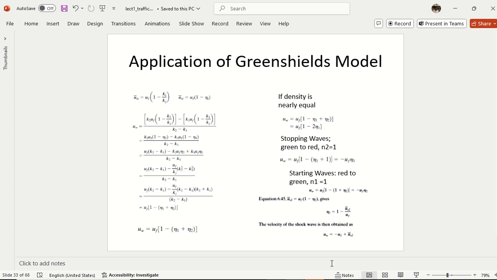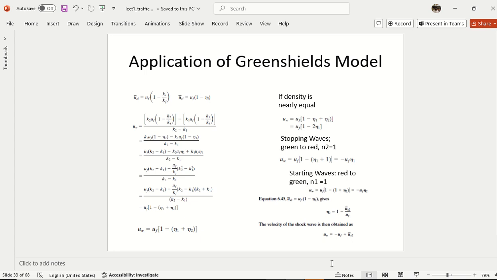Jam density is constant, and we are saying K1 is almost equal to K2. So if eta 1 equals eta 2, it becomes 2 eta. Clear?